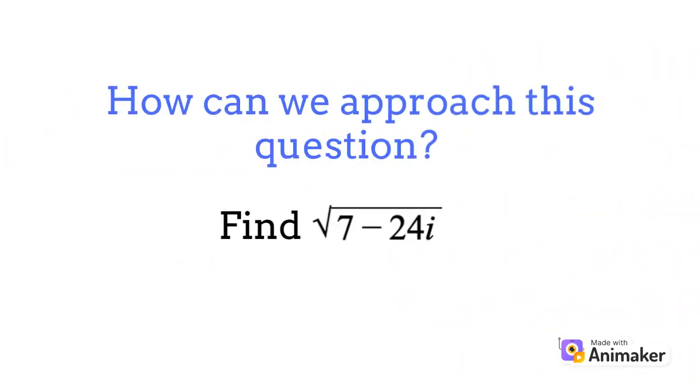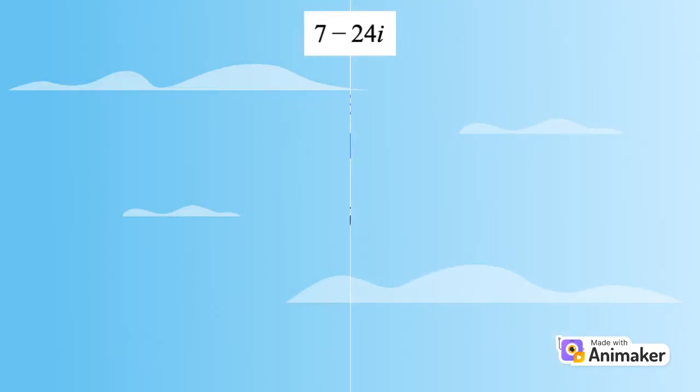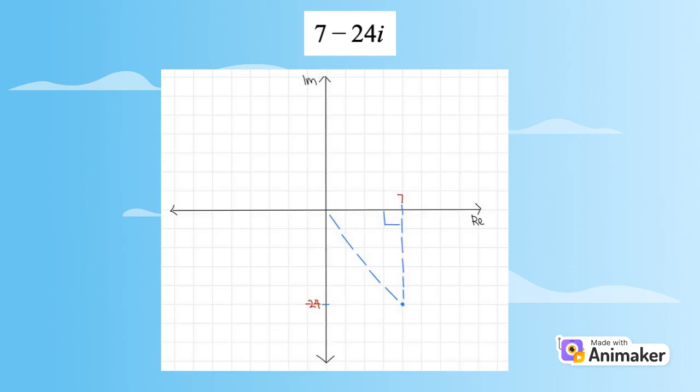Before we end this video, let's try to do this question here, where we have to find the square root of 7 minus 24i. What are the strategies we can use to solve this? Do we use de Moivre's theorem or binomial expansion? Now, let's try to tackle this problem using de Moivre's theorem. First, let's try to locate 7 minus 24i on the Argand diagram.